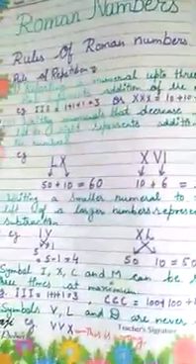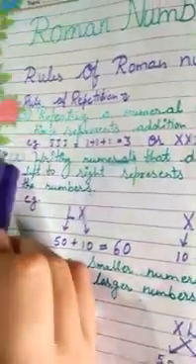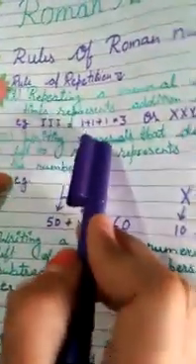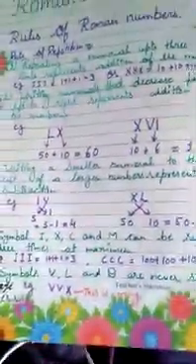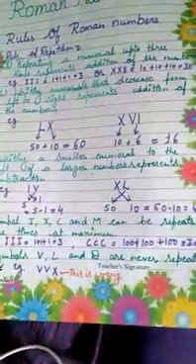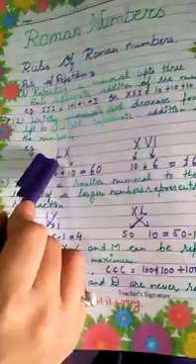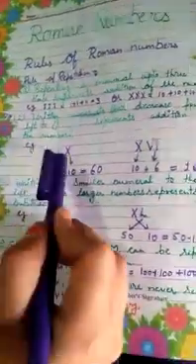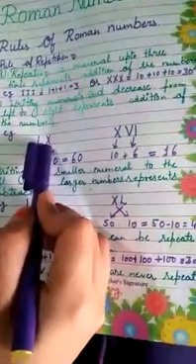Now, we have the second rule. The rule of addition means writing numerals that decrease from left to right represents addition of the numbers. Means, if we write the larger number on the left side and the smaller number on the right side, then we will add the numbers.